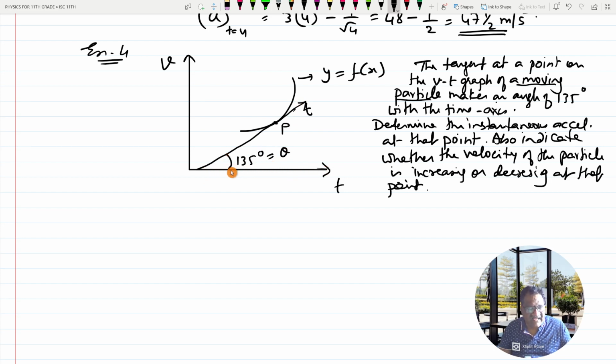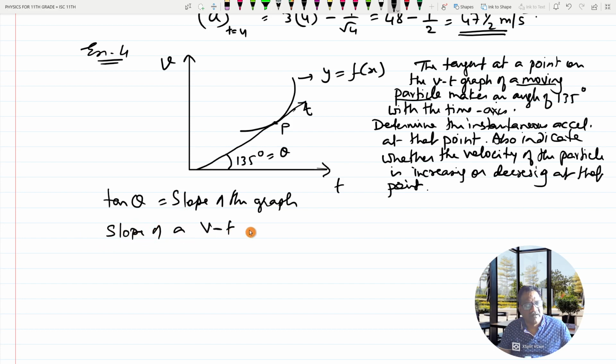So this angle is known as the angle of inclination, and tan of theta will give you the slope of the graph. Okay, and one more thing you should know in physics, that the slope of a VT graph always gives you the acceleration.